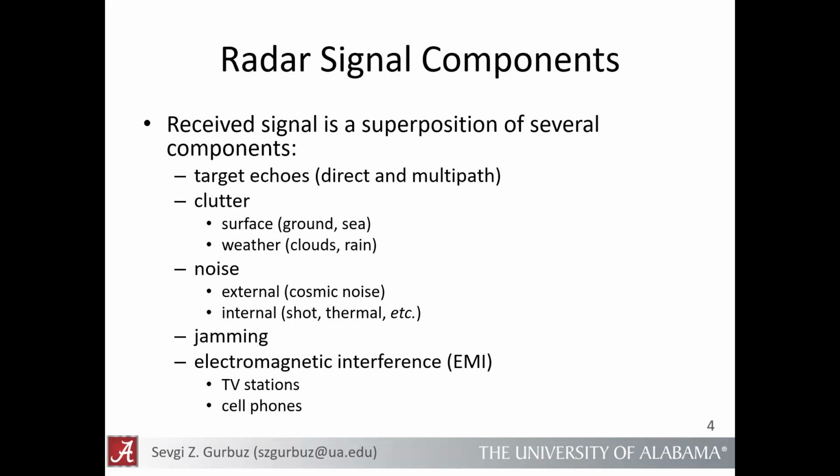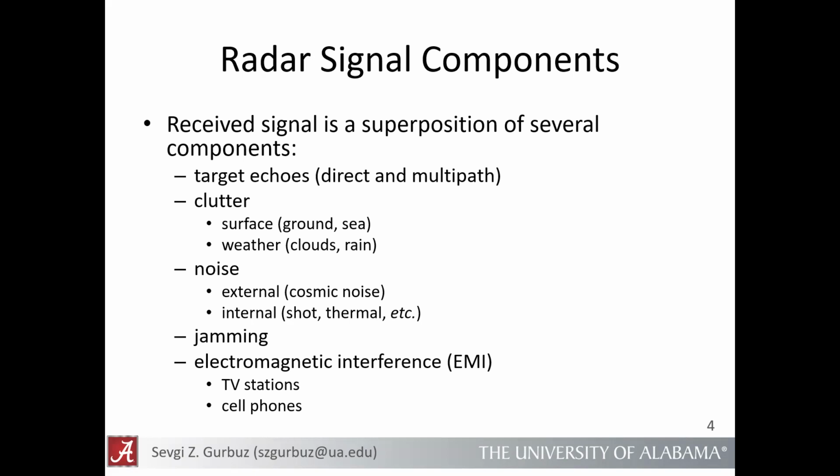Reflections from objects or surfaces that we're not interested in, such as the ground, the waves in the ocean, or any kind of particulates due to weather events and so forth, are more generally known as clutter. In contrast with the reflections from the object that we're interested in, which in general we'll call a target, regardless of what application we're using it for.